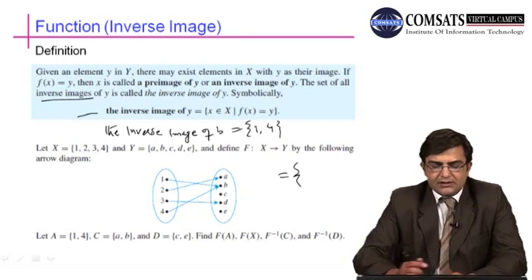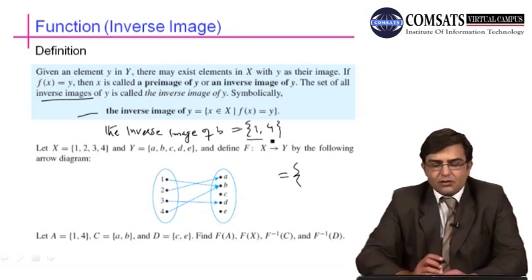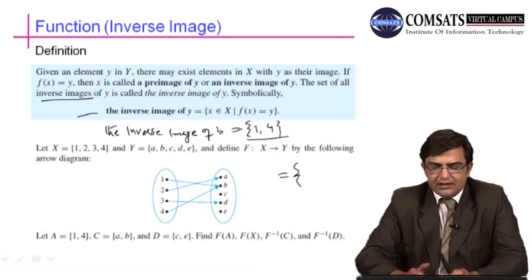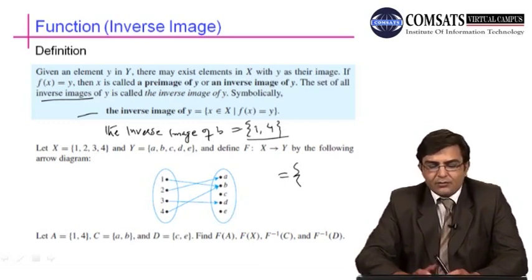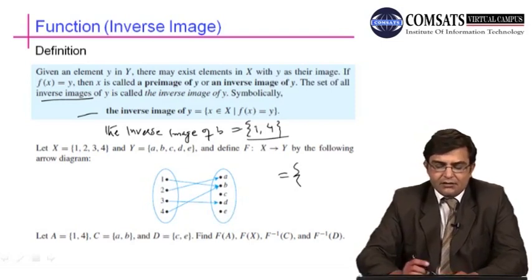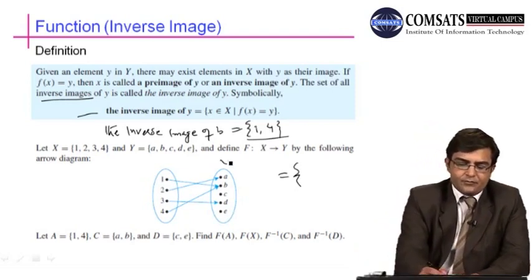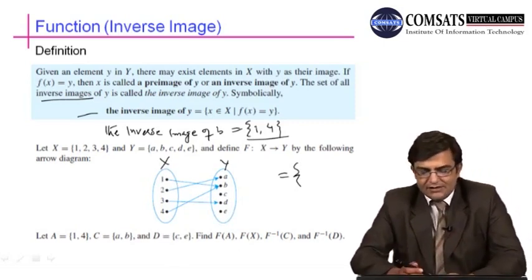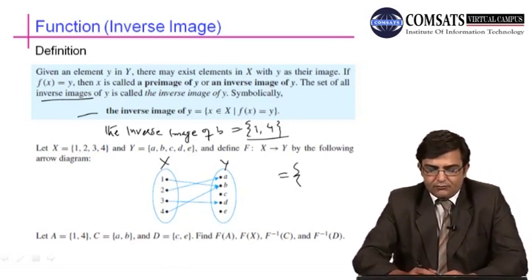So this is called the pre-image of b or the inverse image of b, and the set of all inverse images of y, because one element in the set Y can have more than one pre-image or inverse.